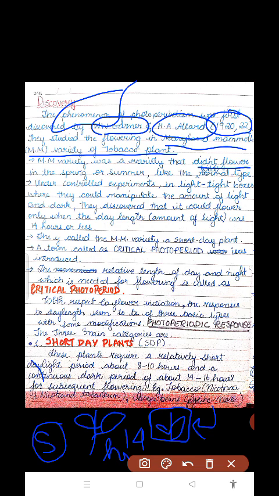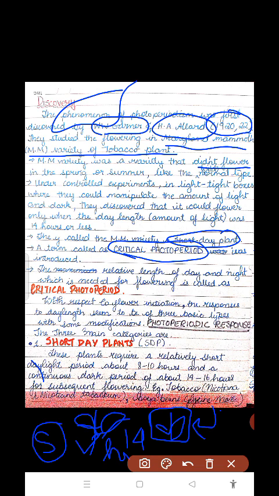So they said, since this plant does not flower with a very long duration of light, this plant is known as a short day plant. They named it a short day plant. And from this particular plant, we come to know another important term, which is called the critical photoperiod.